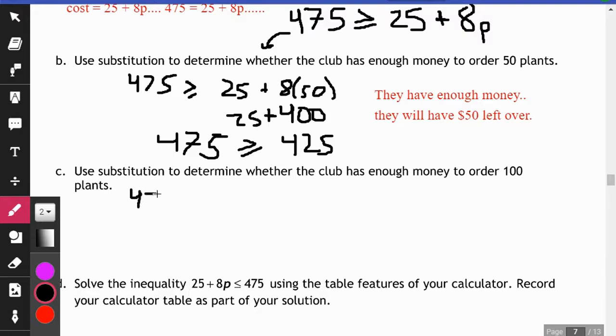475 greater than or equal to 25 plus 8 times 100. 8 times 100 is 800. Plus 25 is 825.